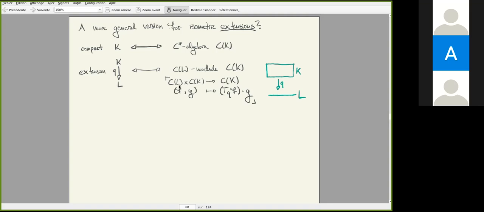Namely, we observe that functions which are defined down here, on L, act on functions which are defined up here, on K, in the following way. We take such a function f on L and a function g on K, and we multiply the function g by, well, not exactly the function f, because the function f lives down here, but via Q, by composition with Q, we can make this function which lives down here into a function which lives up here on K, and is just constant on the fibers.